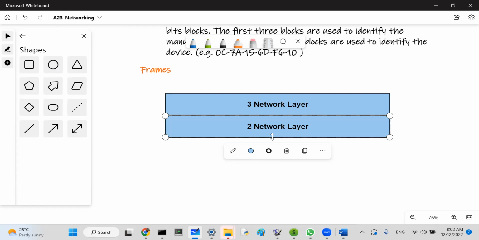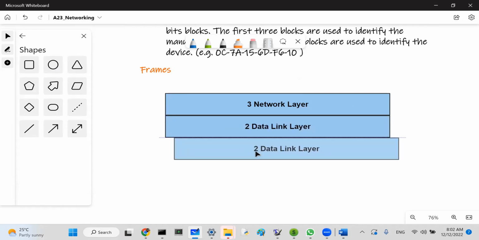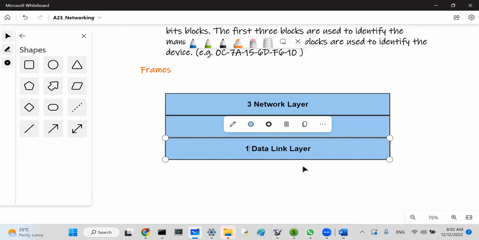Within the data link layer, the data is sent as frames, as I told you, which we will discuss in detail later on. The lower layer is called the physical layer, where we send data as ones and zeros. Here are the three layers.